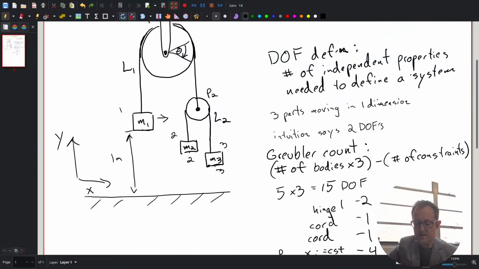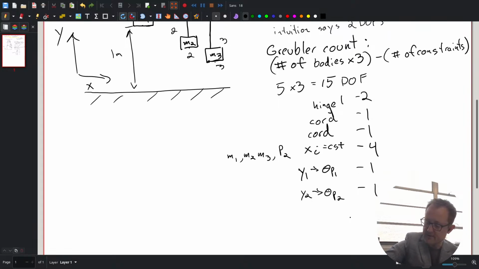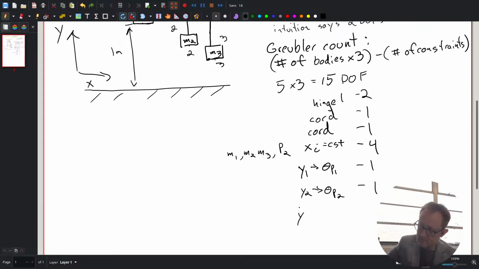So what are the other constraints that we have here for our Grubler count? Because I think there's still only 2 degrees of freedom. And we took care of it's only moving up and down for all of these, that our x positions are all constant. And then we also have that y1 dot is a negative y2 dot.